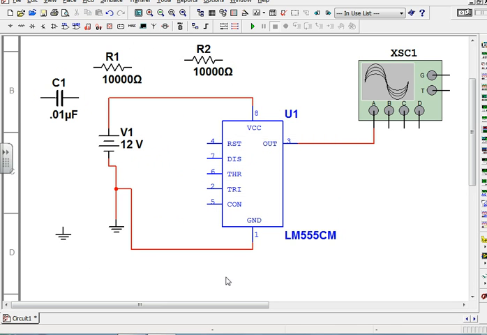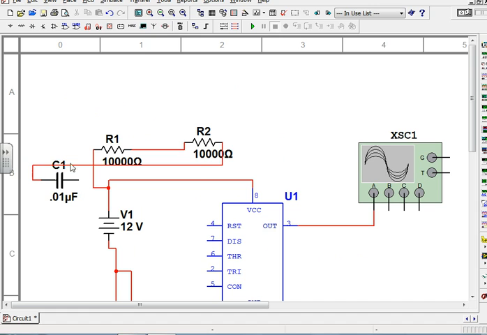All right, looks good. Back to the original circuit. Let's see, we're going to go from one of these to the power supply, from the other to the capacitor, and then from the capacitor to ground.